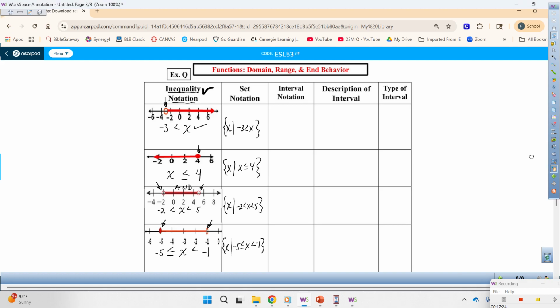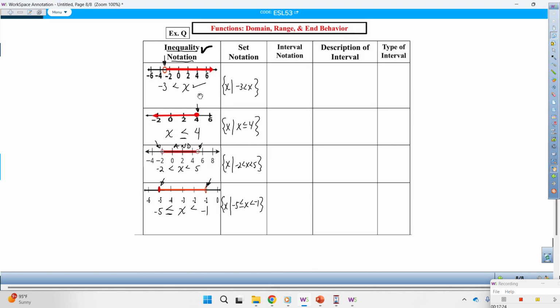All right, so we got what kind of notation? Inequality. We got set notation. Here's our next one, interval notation. For interval notation, I want you to make a note on the side.